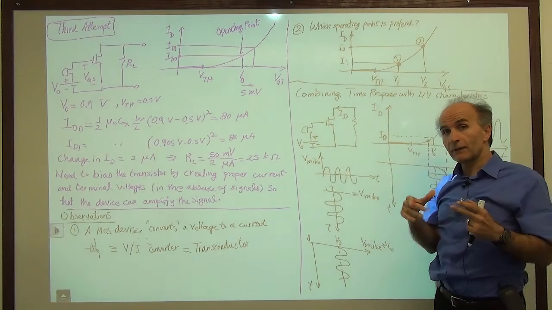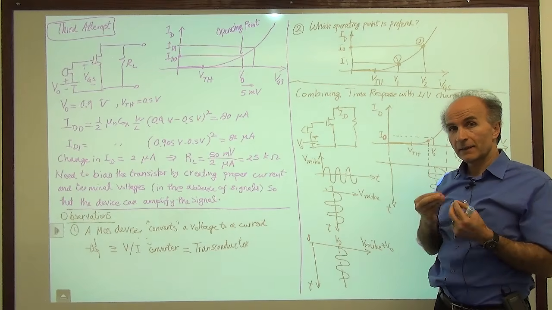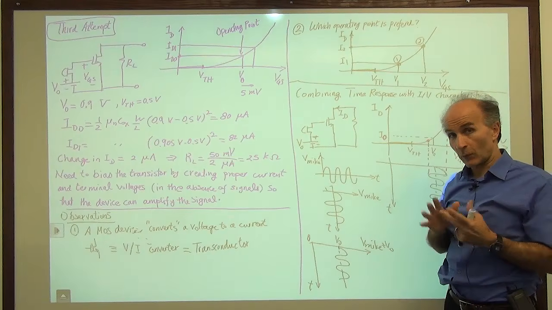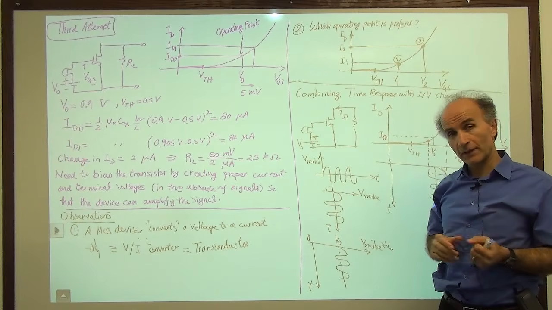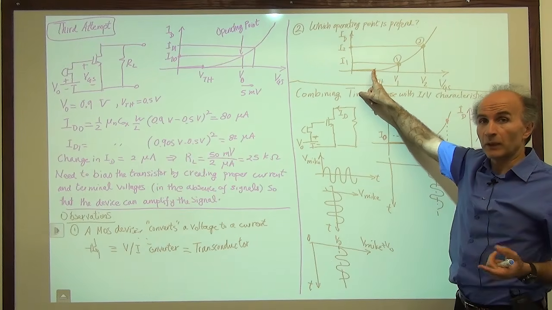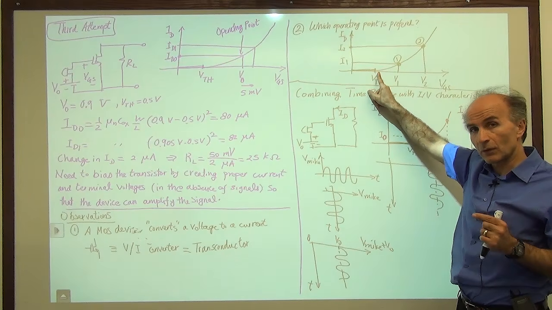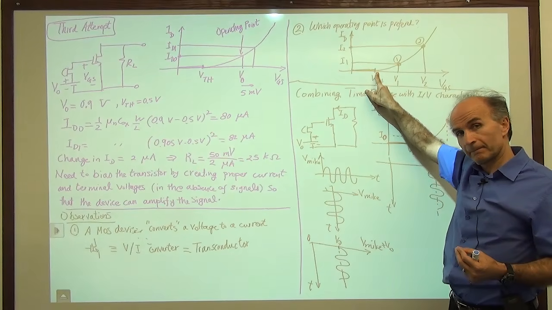So perhaps we can define a quantity that tells us how strong a transistor is. And what we are thinking is maybe just the slope of this curve tells us how strong the transistor is, right? Here, the transistor is very weak, because when we increase the gate source voltage by 5 millivolts, we got only 12.5 nanoamperes of current.